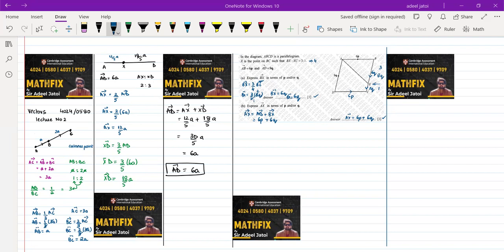If you do not try to understand the ratio method, then you will not be able to do the vector question, because almost after each 1 or 2 questions, you will end up having the ratio question in the topical past papers. And eventually the examiner will also test it through the ratio technique. So you need to understand the ratio very well.